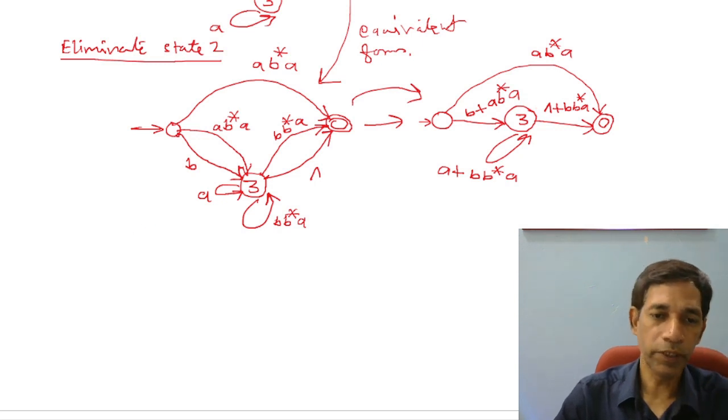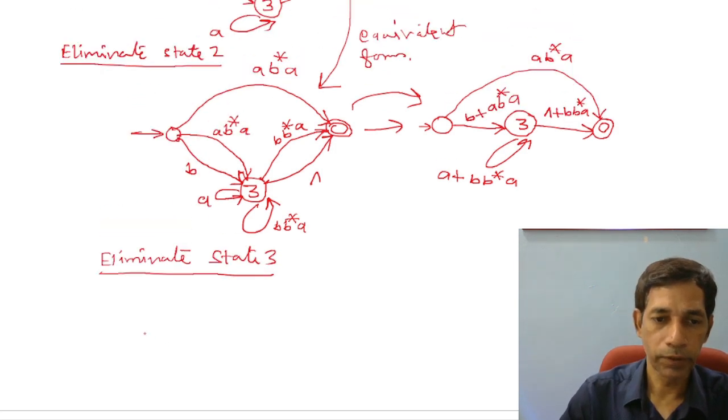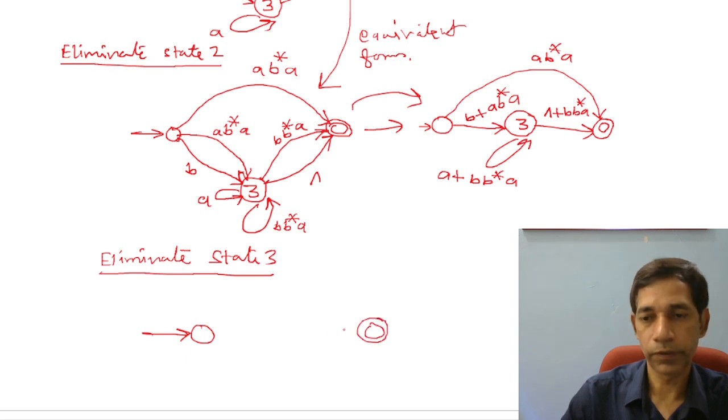Now we need to eliminate state 3. Once we eliminate state 3, we have only two states. One is the initial state, and the other is the final state. Now we are going to bypass state 3.